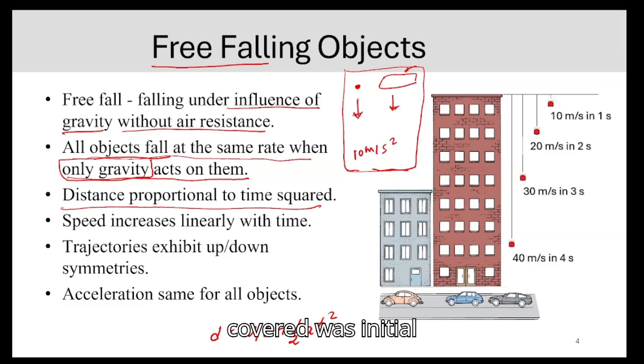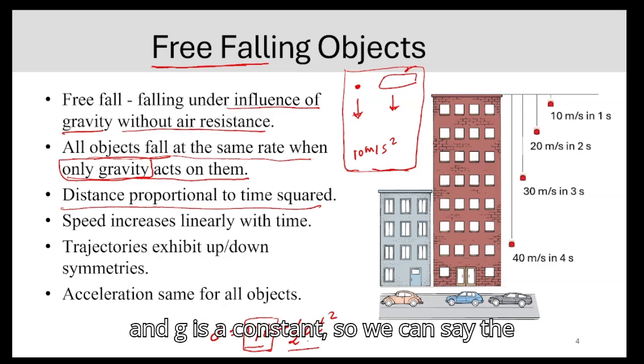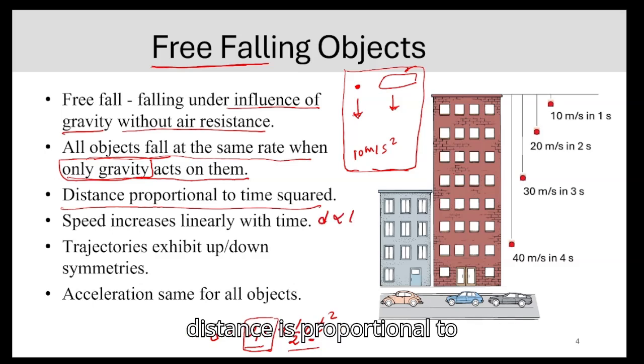The distance covered was initial velocity times time plus half a t squared, and for an object that's falling freely, our initial velocity is 0. And g is a constant, so we can say the distance is proportional to time squared.